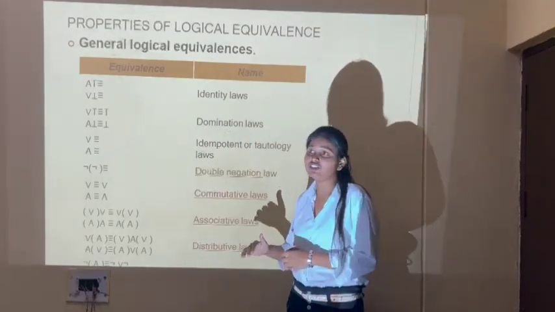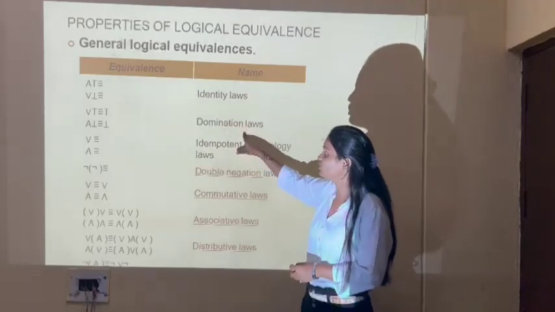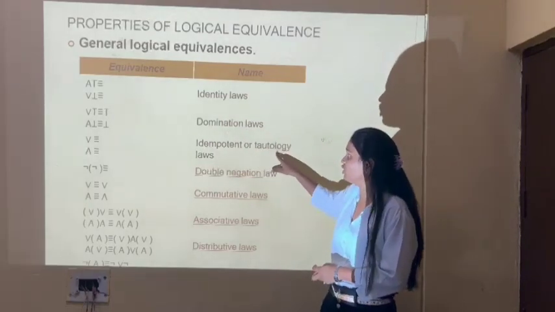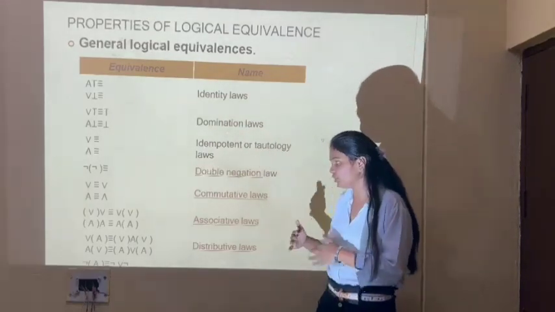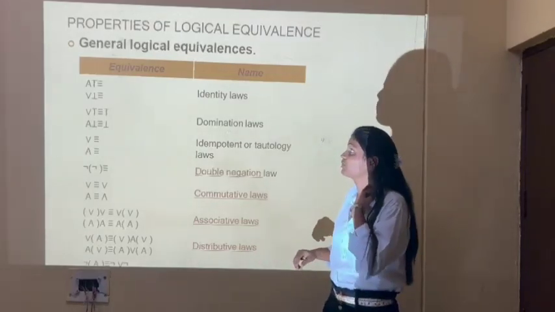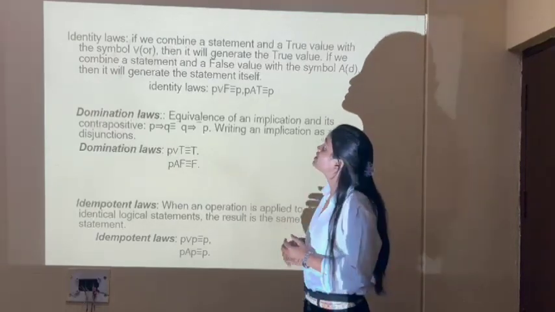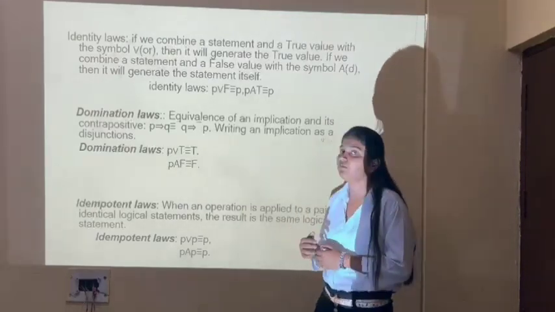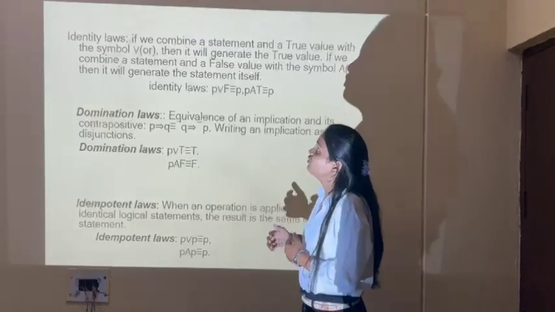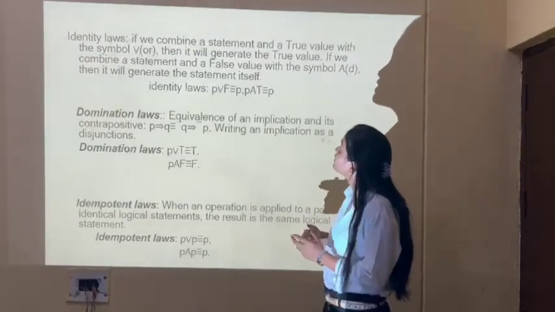Properties of logical equivalence: identity law, domination law, idempotent law, tautology law, double negation law, commutative, associative, distributive. Identity law: if you combine a statement and the true value with the symbol or, it will generate the true value.